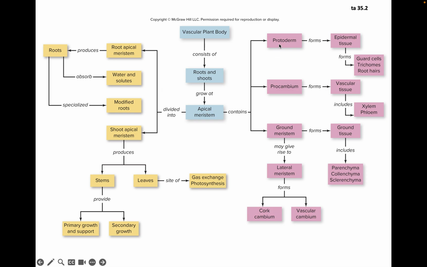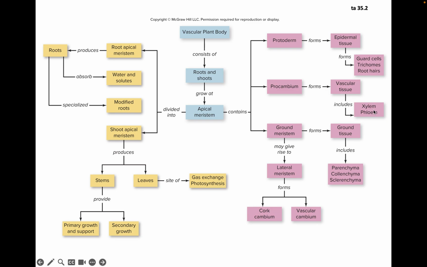The apical meristems are the ones creating all of these structures. They have three main types: the protoderm, the procambium, and the ground meristem. The protoderm forms the epidermal tissue, which has the guard cells, the trichomes, and the root hairs that we spoke about. Then the procambium forms the vascular tissue, which includes the xylem and the phloem.